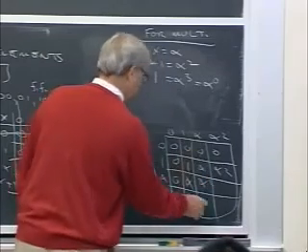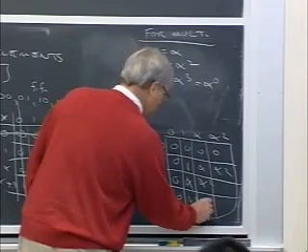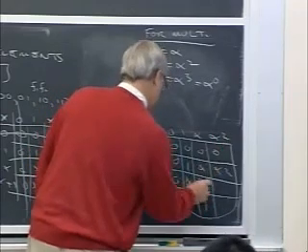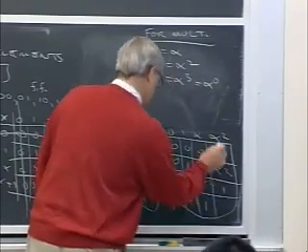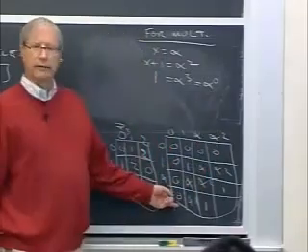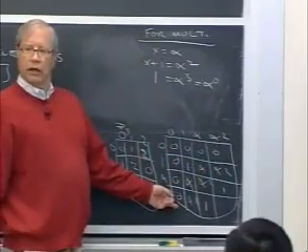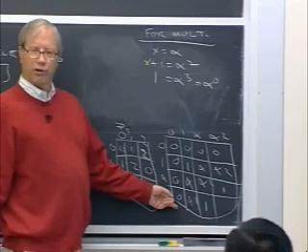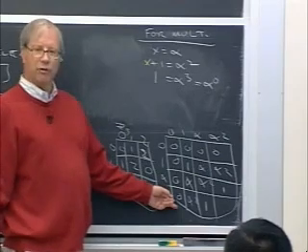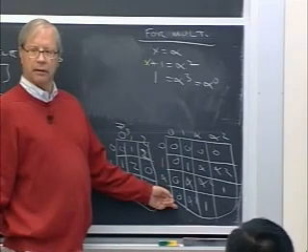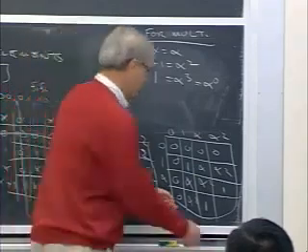Alpha times alpha squared is alpha cubed, but that's equal to 1. Alpha squared times alpha squared, what's that? Alpha to the fourth, but what is alpha fourth equal to if alpha cubed is equal to 1? This has to be equal to alpha.